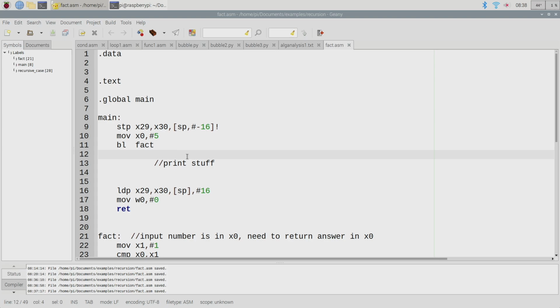Oh, and actually, at the moment, I don't have any stuff to print it. So let's go ahead and add that in real quick, right?